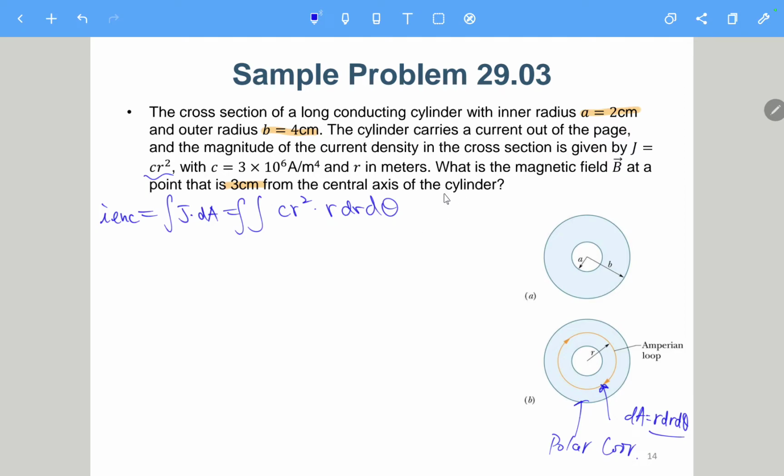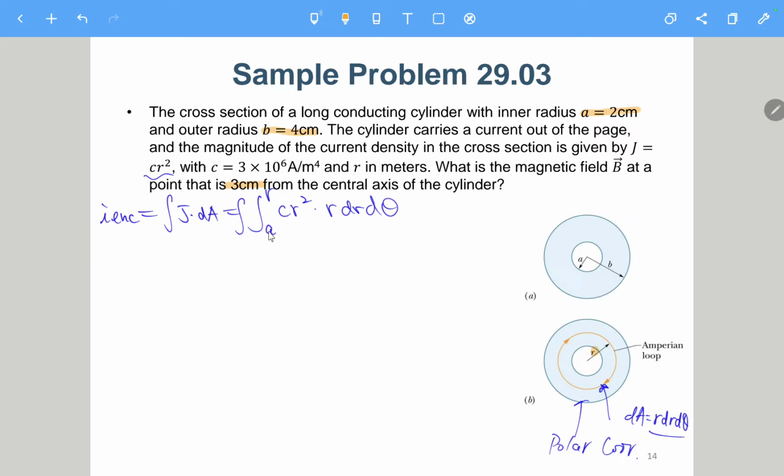Here we need to determine the lower and upper bounds. For dr, we don't integrate from 0 because the middle part is hollow. So we just integrate from small a to r. We make it a variable rather than fix it to 3 centimeters, so that we can come up with a general solution in terms of r, and finally we plug in r equals 3 centimeters.